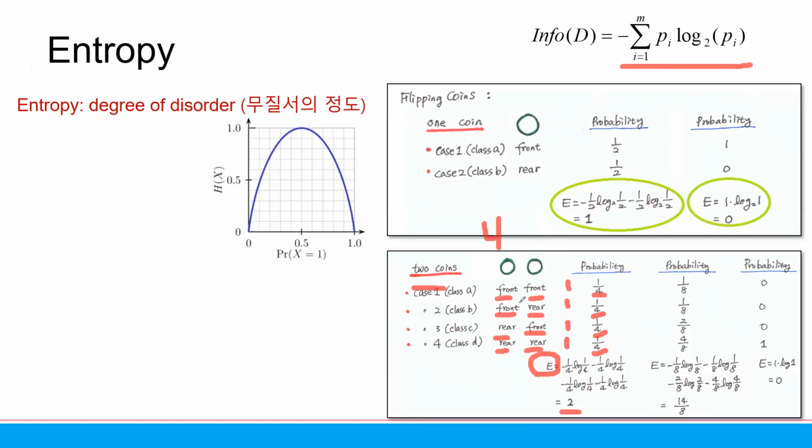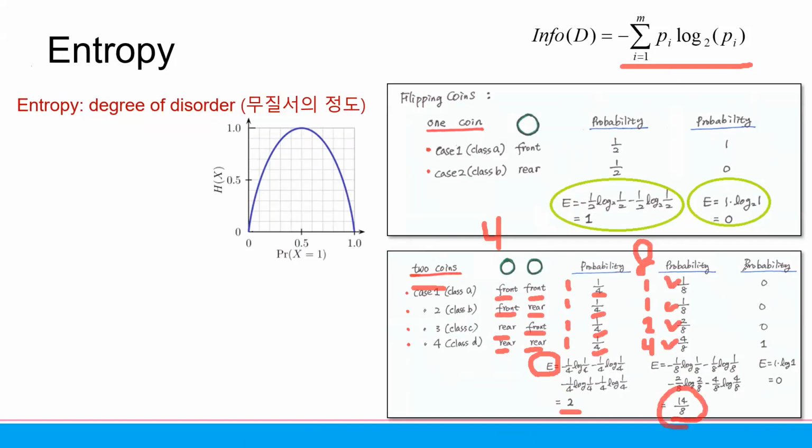This is because we have 2. Okay. Suppose we have the probabilities 1/8, 1/8, 2/8, and 4/8. So it means from 8 times, it happens 1 time, 1 time, 2 times, and 4 times. So the entropy value is this.